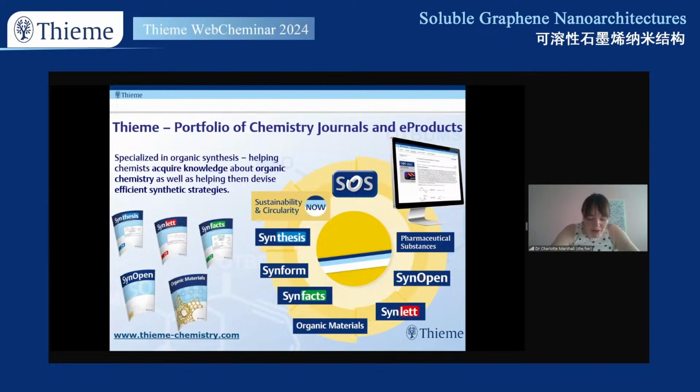So you may well be aware of some of our journals: Synthesis, Synlett, Synfacts, SynOpen, as well as Science of Synthesis, SOS, and Pharmaceutical Substances. Two of the newer journals within our portfolio are Organic Materials and Circularity Now. And these are the two journals that I manage, and they are the journals that I'm going to be talking to you about briefly right now.